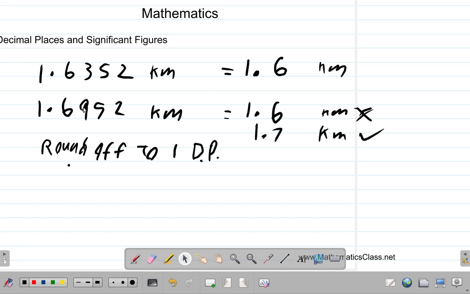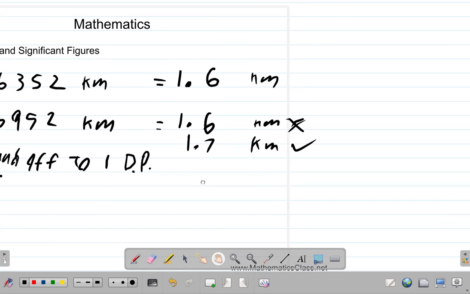If that number is less than 5, you keep the 6 and don't do anything to it. In this other case, you stop at the 6 and look at the number to the right. If that number is 5 or more, you go back and add 1 to the 6, so you jack up the 6 to 7. That's the rule of rounding off. We're going to see what makes you do that.